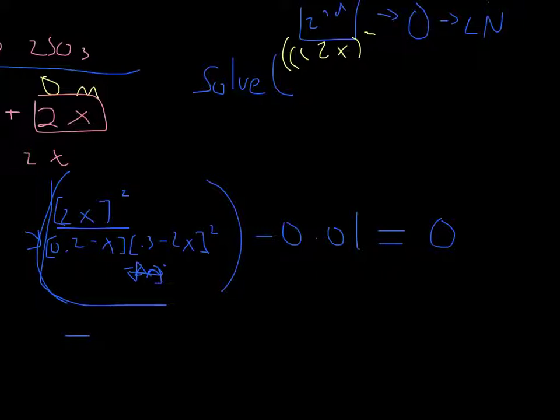So then 2x squared, divided by the parenthesis 0.2 minus x, parenthesis, and then we should have 2 there, so we can do 2, and then our 0.3 minus 2x, parenthesis, then we're squaring the whole thing, right? And then here's your end parenthesis.